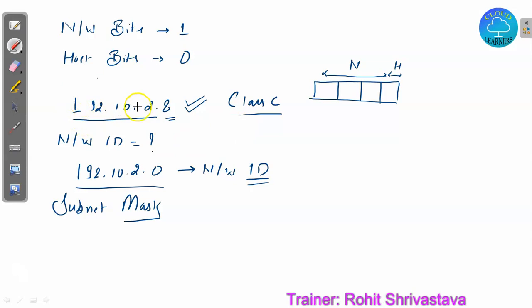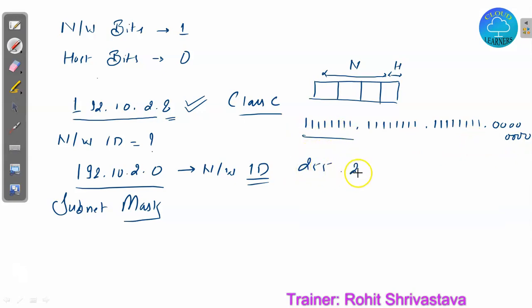We have 192.10.2, so just make it 111, 1, 2, and lastly this is for the host, so just keep it as zeros. What these all ones contribute to is 255.255.255.0. This will be your subnet mask, right? I'm repeating once again.